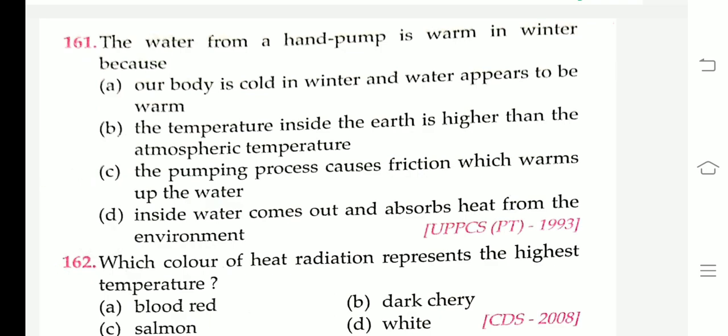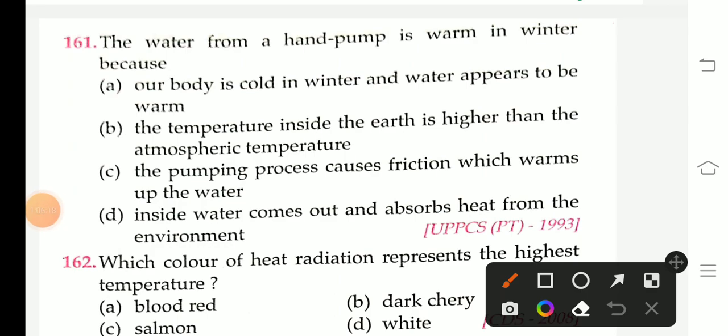Next, the water from a hand pump is warm in winter because, right answer will be option B, the temperature inside the earth is higher than the atmospheric temperature.